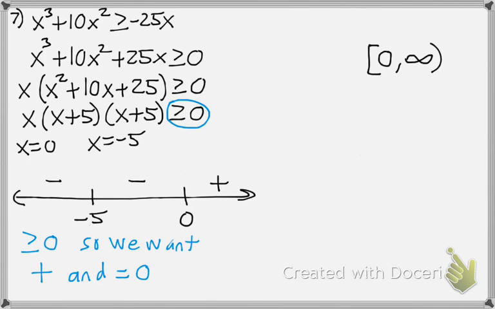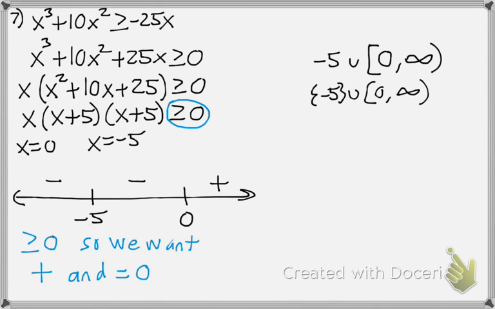But technically, at negative 5, the cutoff point itself, it's still equal to 0 there. So somehow I need to include negative 5 in my answer. So there's many different ways of writing this. I've seen people just put the negative 5 like this. I've seen people put the negative 5 like this.